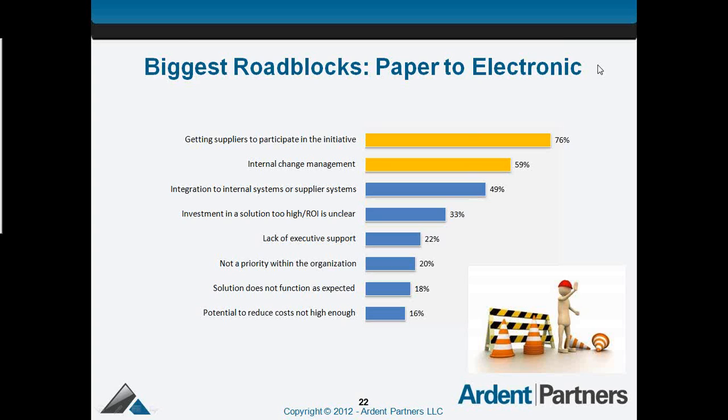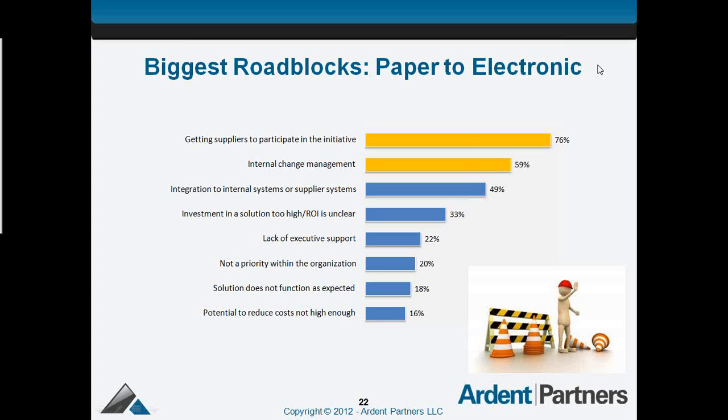However, this is typically a challenge of using an e-invoicing solution, and what we've found is that best-in-class companies, which we'll talk a little bit more about later, are taking a multi-solution approach. So it's not only e-invoicing or only data capture. They're using e-invoicing where it makes sense and trying to maximize the percentage of suppliers that participate in that. But they're also putting in place capabilities that will allow them to handle suppliers that are still continuing to send paper.